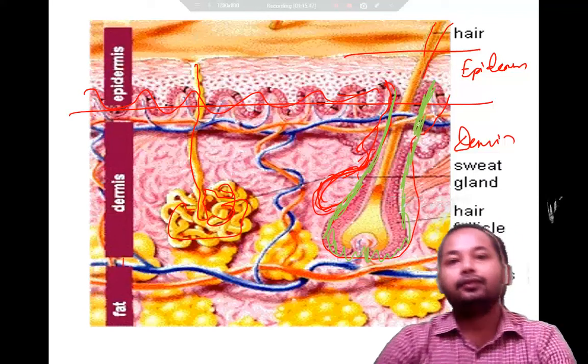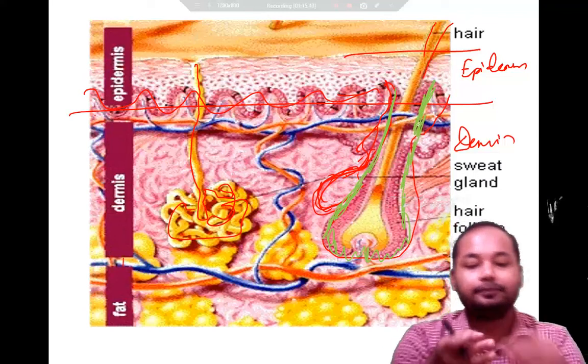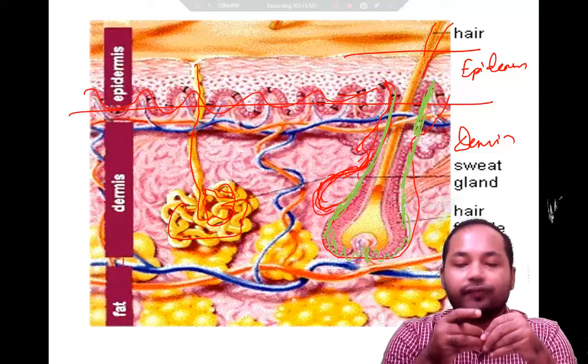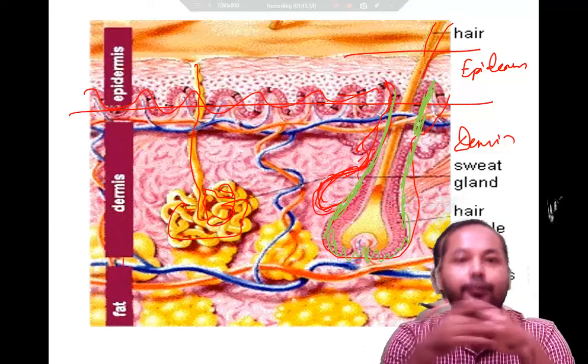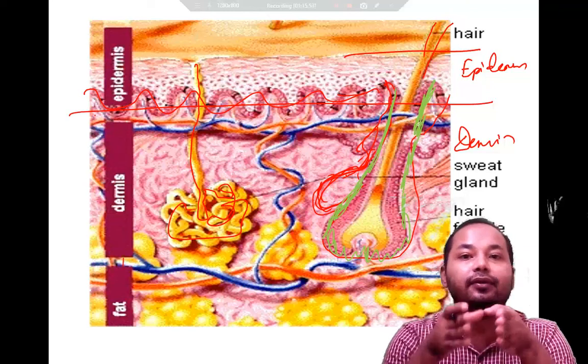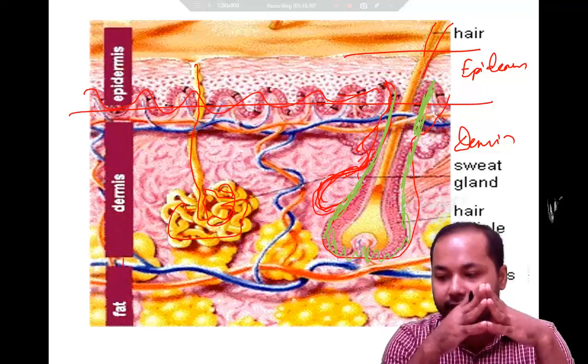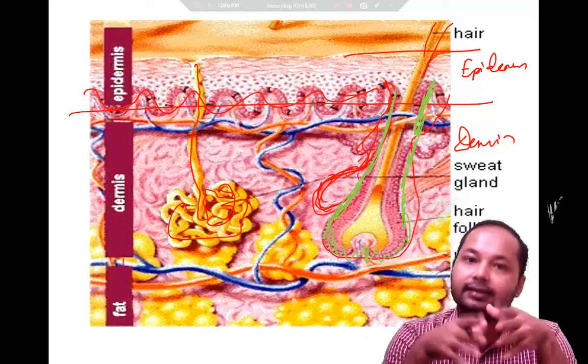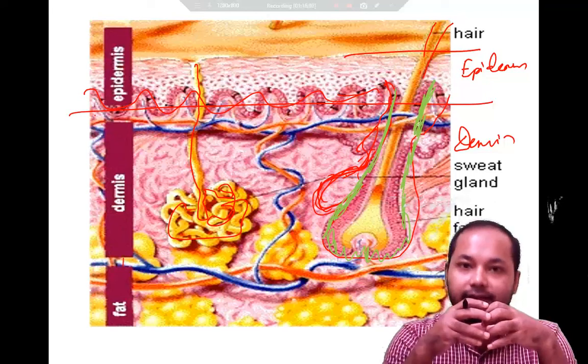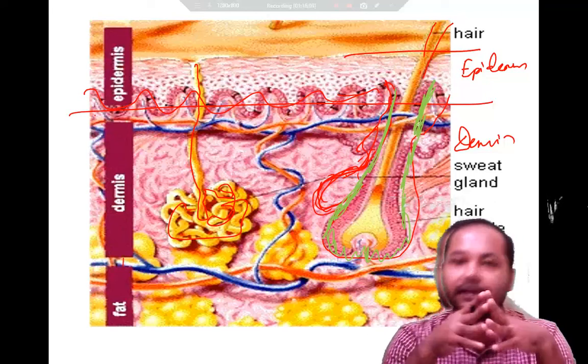Okay. So one more thing I want to tell you, that one type of modification of the sweat glands is found in the entire mammalian kingdom. And what is that? The breast is actually a modification of this gland only.